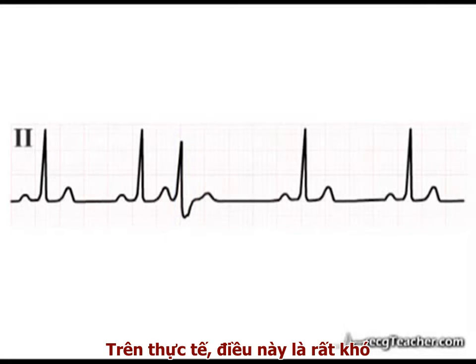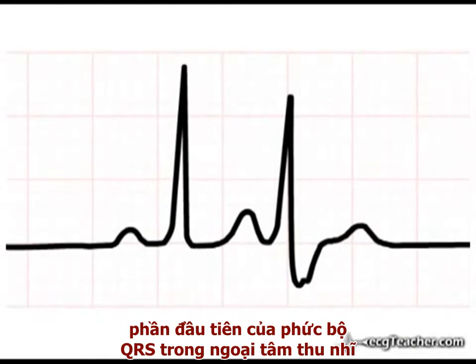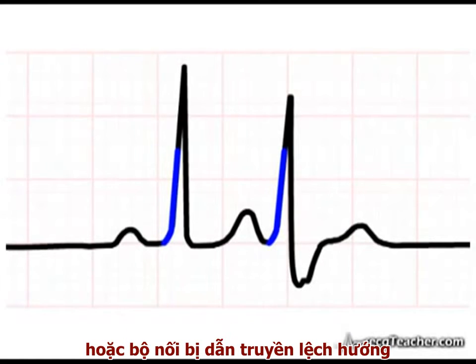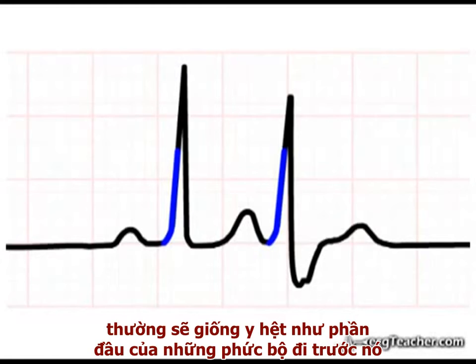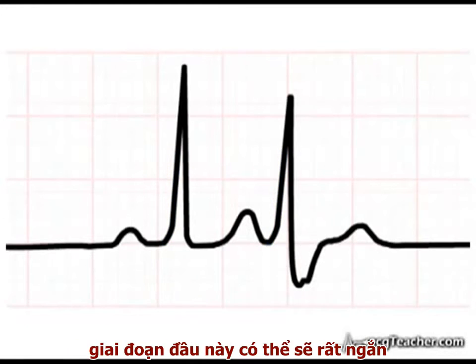Well, in truth, often with great difficulty. However, as the initial events of ventricular depolarization occur as normal, the initial portion of the QRS complex of an aberrantly conducted premature junctional or premature atrial contraction will often be identical to the initial period of the preceding normal complexes. If the block is close to the AV node, this initial period can be very short.